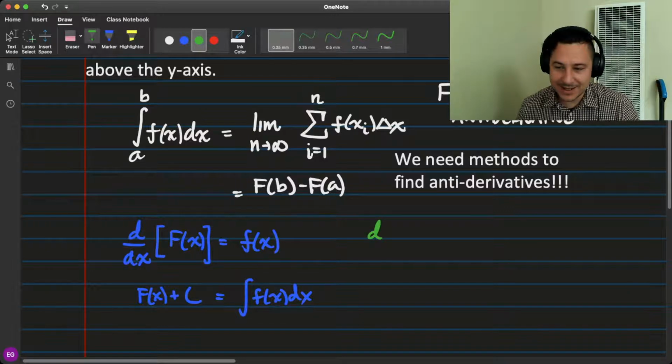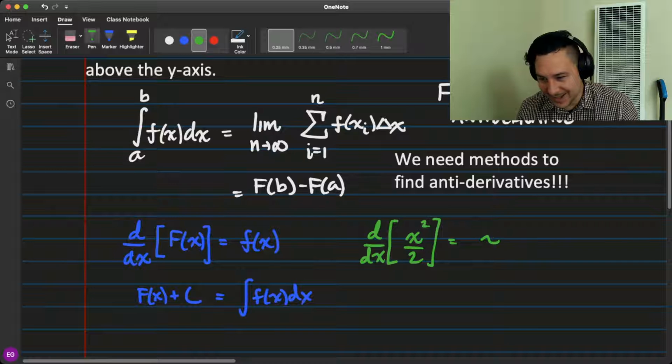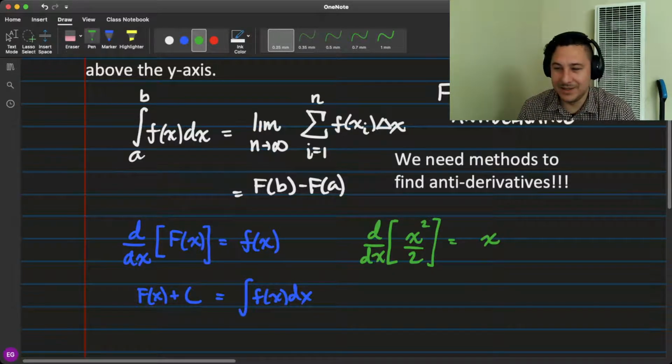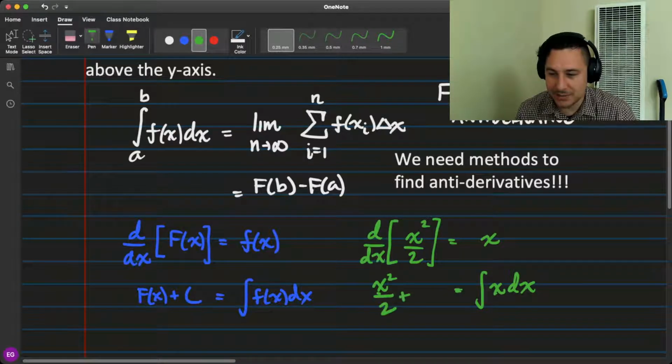For instance, we know that x squared over 2 is the antiderivative of x, because the derivative of x squared over 2 is x, which means you can rewrite it as the antiderivative of x dx equals x squared over 2 plus c.